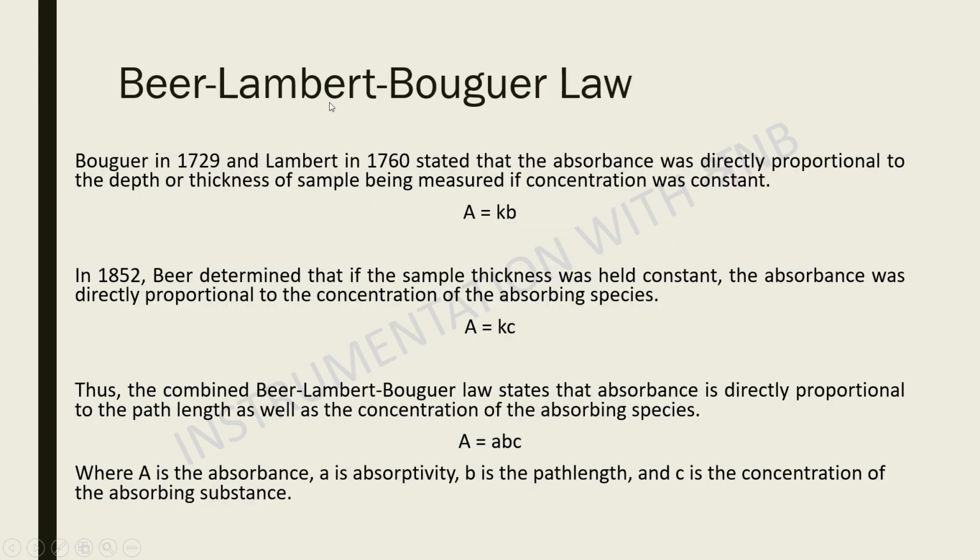Now, Beer-Lambert-Bouguer law. Bouguer and Lambert stated that the absorption was directly proportional to the path length or depth or thickness of the sample if we keep the concentration constant. Beer determined that if the sample thickness was constant, then absorption is directly proportional to the concentration.